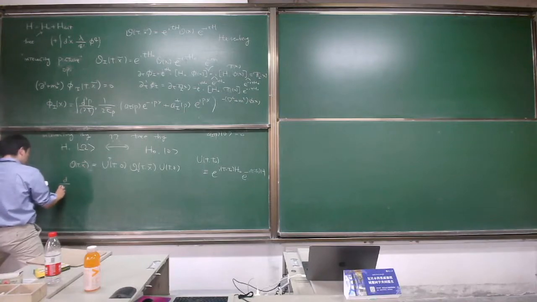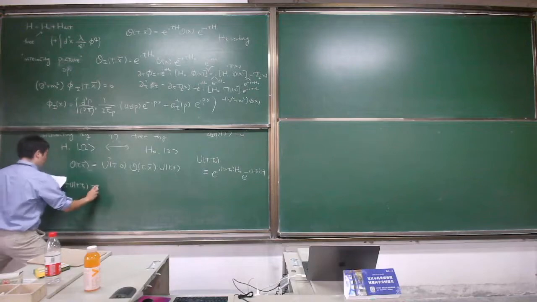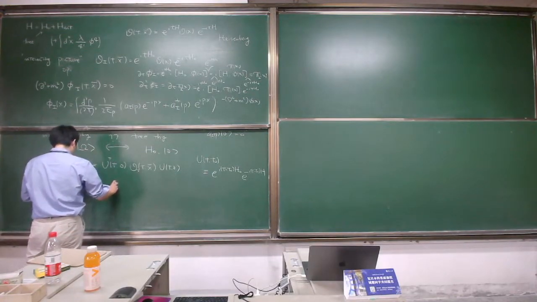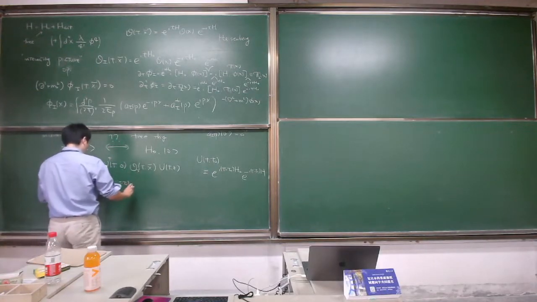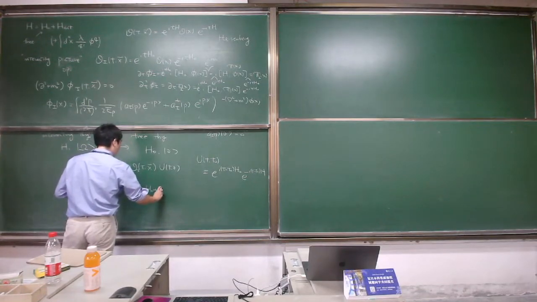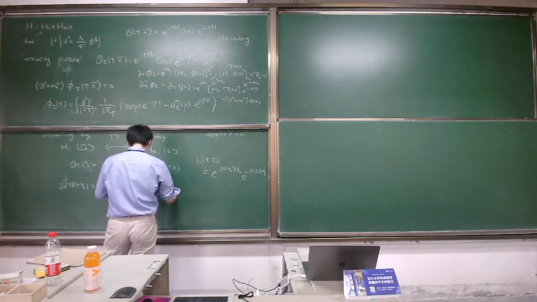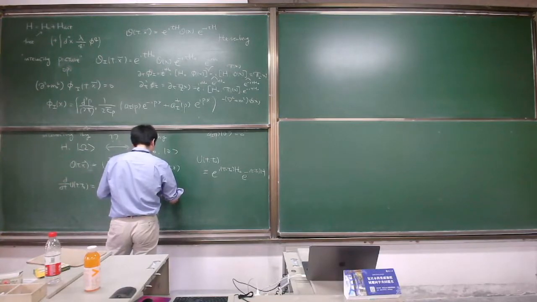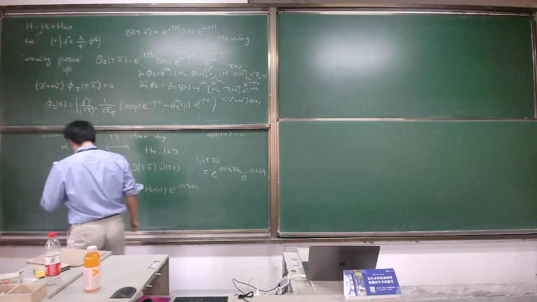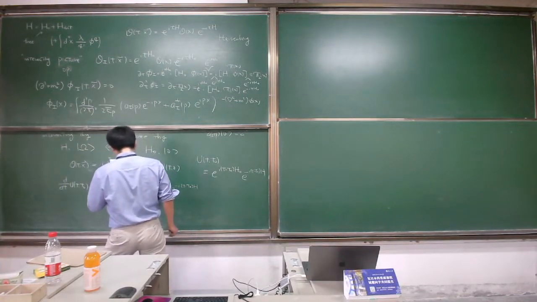And to study this U operator, we take the derivative, and what we have is minus i e to the i (t minus t0) H0, times (H minus H0), and then e to the minus i (t minus t0) H. That's right.